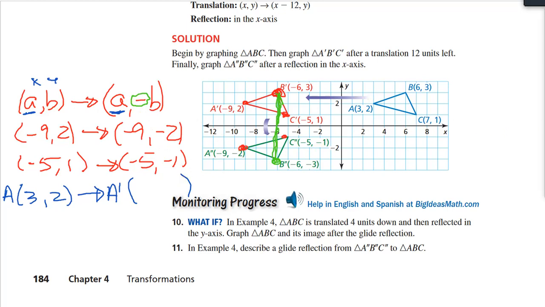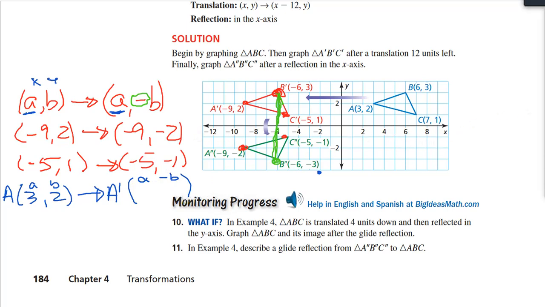Okay, so Elijah says -2, -3. So -2, -3 would be down here. Let me write the rule again. The rule says AB goes to A -B.